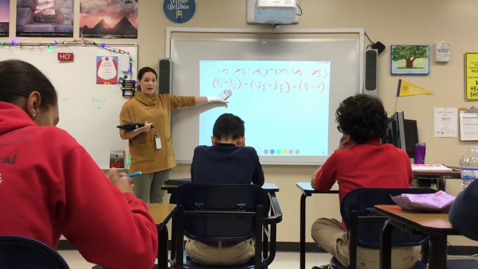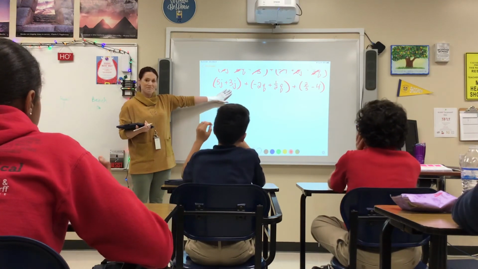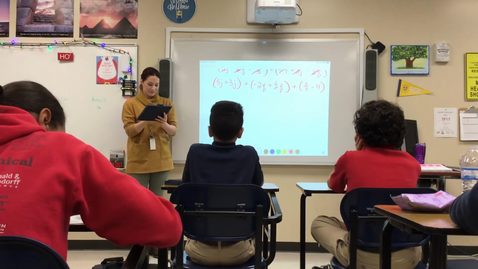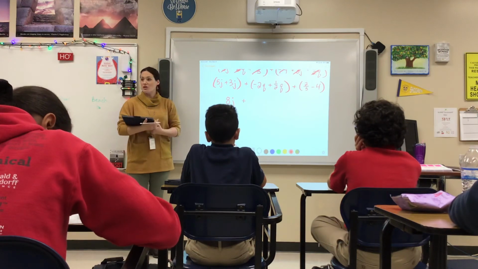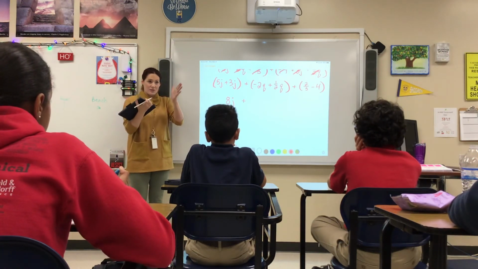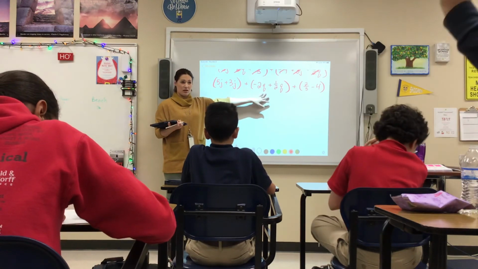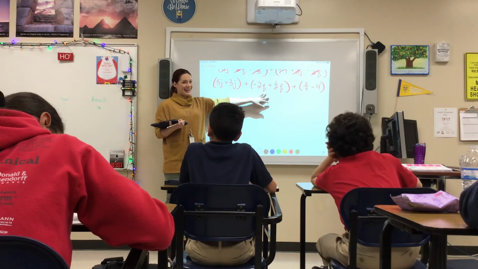What will I end up with for my j term? 8. Yes, you're right. So it's not quite so much to look at when you can just look at this parenthesis. What about this parenthesis? Jace? Negative 2.5 q. Not negative 2.5.